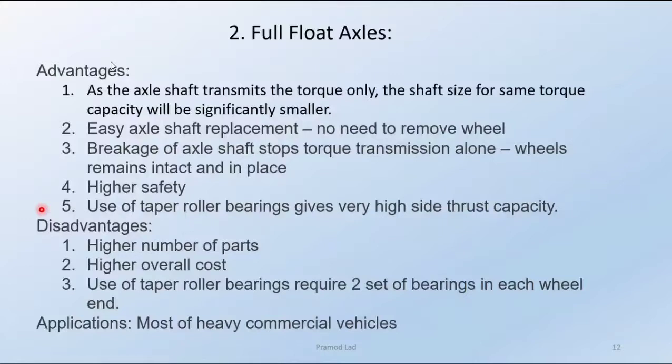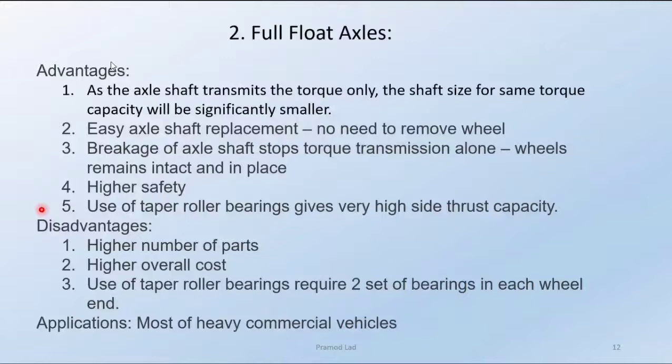Third is breakage of axle shaft stops torque transmission alone and wheels remain intact in place. So in this type of design, as you can see, the wheel is attached to the hub and the hub remains in place in the event of axle shaft failure.